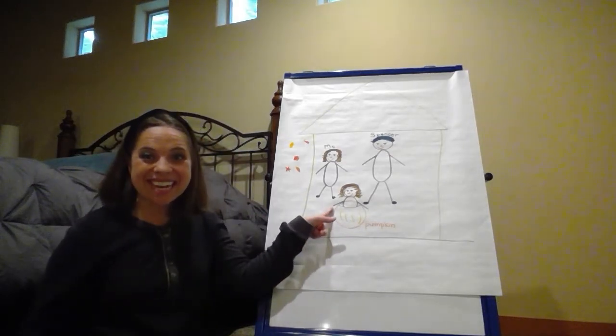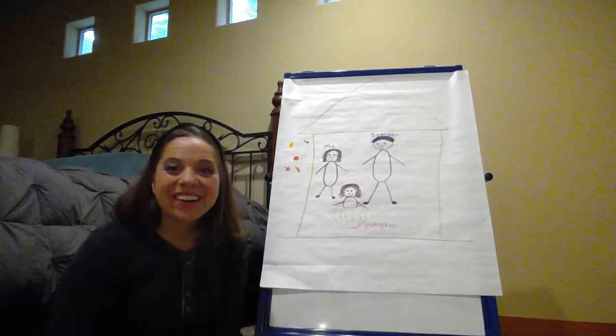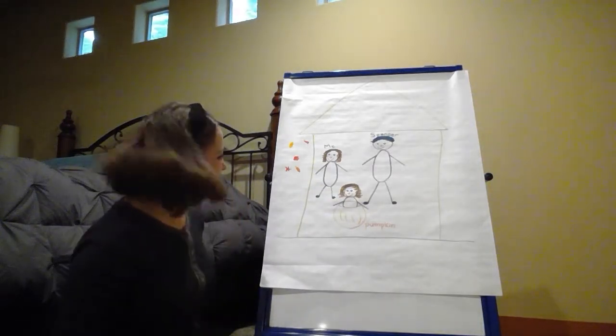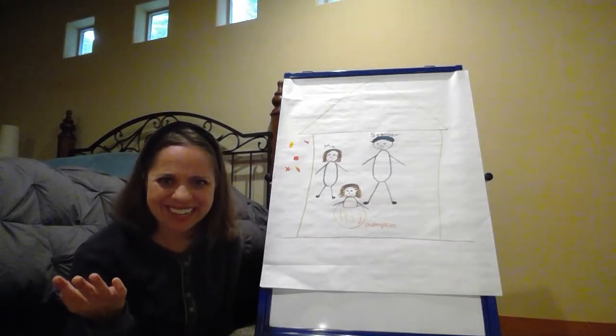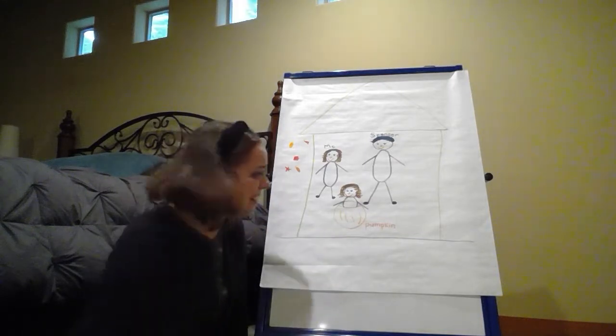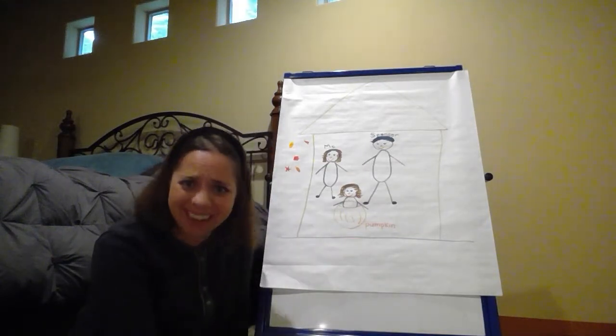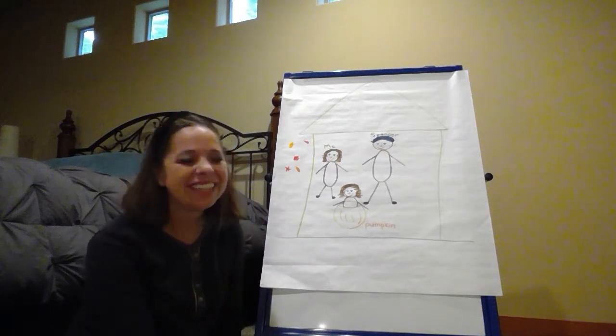Do you know who this is? This is our daughter. Her name is Sadie. Where is Sadie in this story? Sadie is in the pumpkin. That's right. Isn't that silly?